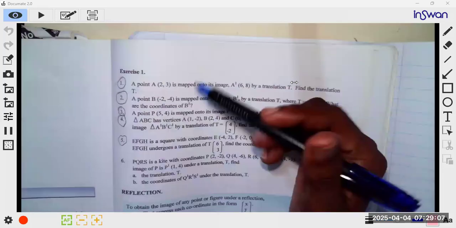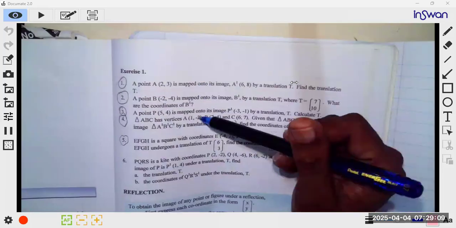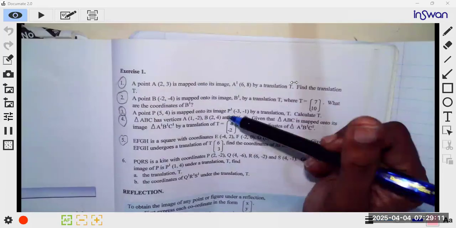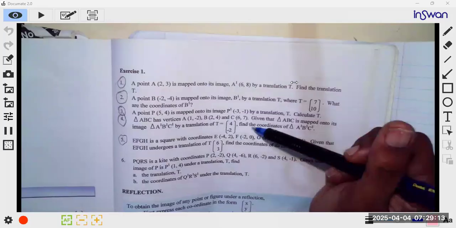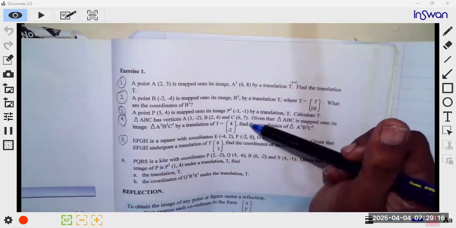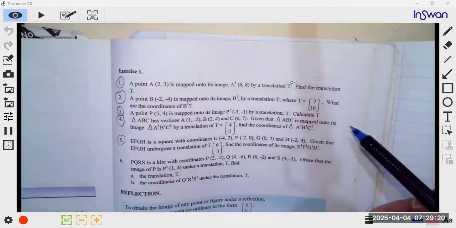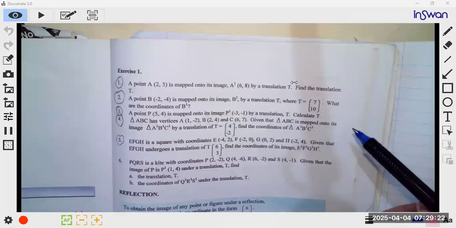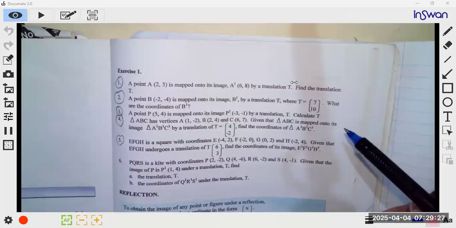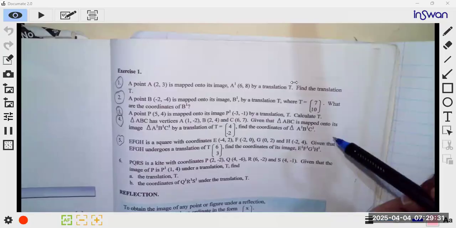So here now, in question number 4, it said a triangle ABC has vertices A is 1, -2, B 2, 4, and C 6, 7, right? Given that triangle ABC is mapped onto its image, the triangle A prime, B prime, C prime, by translation T, which is 4, -2, they want to find the coordinates.